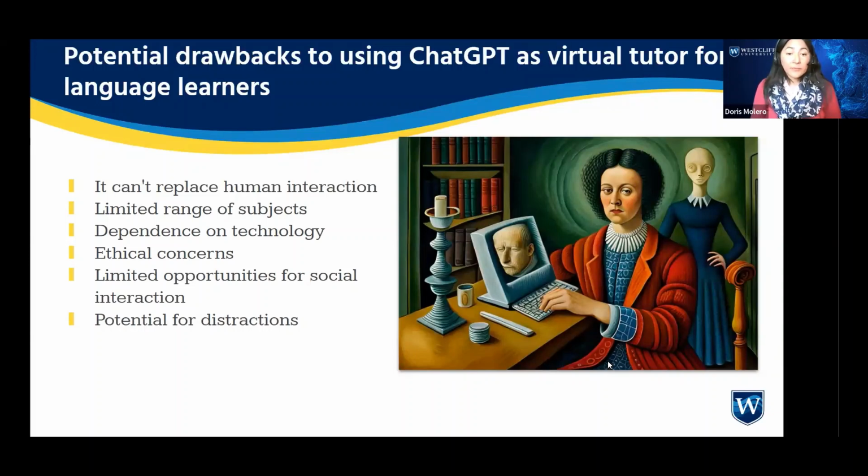One of the most important issues is that there are some ethical concerns that need to be clarified first. And also, it can't provide social interaction. This for language learning is really important. And another element that could be a disruption in the classroom is that it can be viewed only as a novelty, okay, and not used in the proper way.